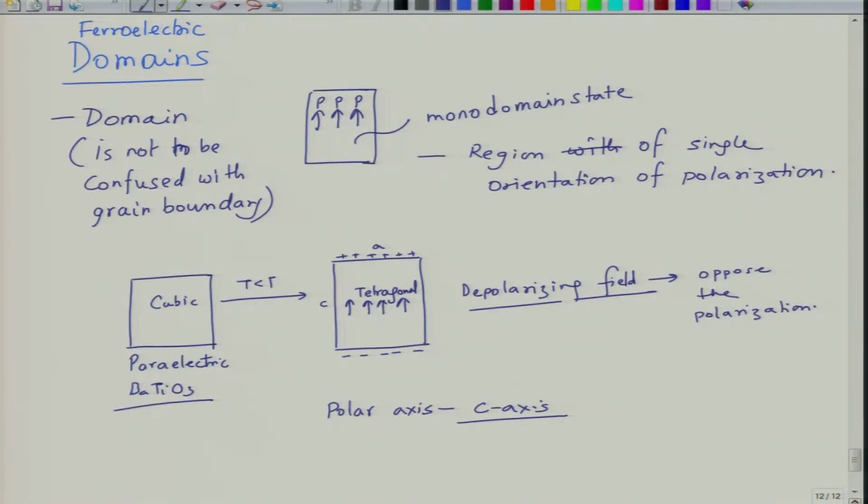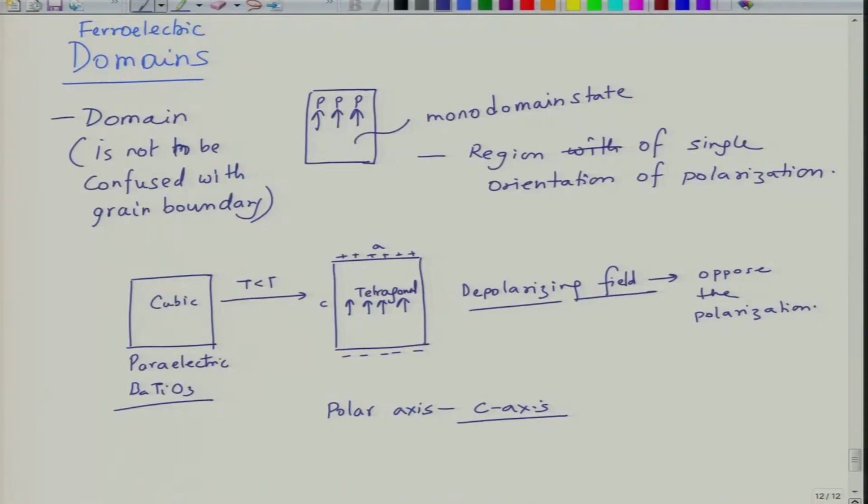While all the dipoles would like to align in one direction, there will be massive surface charge density. As a result, electrostatic energy will increase, and this will lead to depolarization of charges. So, these two act in competition with each other. Eventually, because of the competition of polarization energy and depolarization energy, the system will transform into a situation something like this.